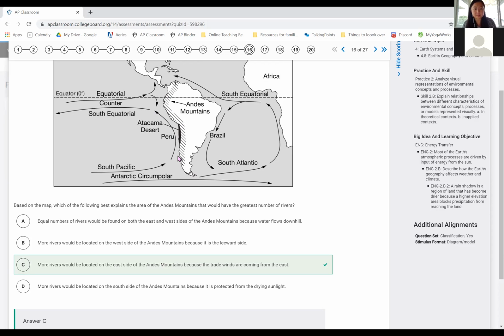How about the last option? Would that have anything to do with it? No, because the principle is that rainfall causes freshwater systems, so the sun drying air doesn't really matter.